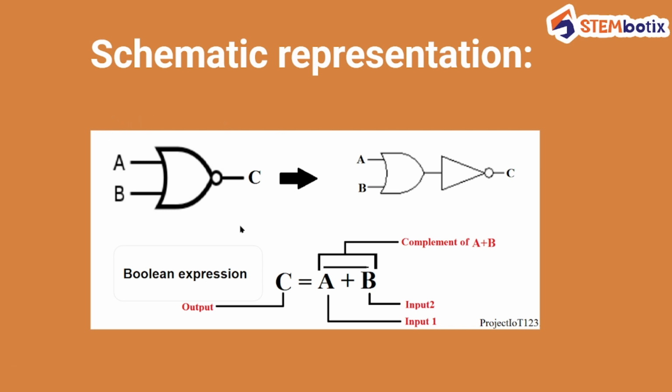So this is how your NOR gate is represented: it has two inputs and one output. This is OR and this is NOT, and combining them gives the NOR gate. Now the Boolean expression is something like this: (A plus B) bar. Whatever you are getting as input, A plus B, would be inverted to get the NOR gate. So this was about the NAND and NOR gates.